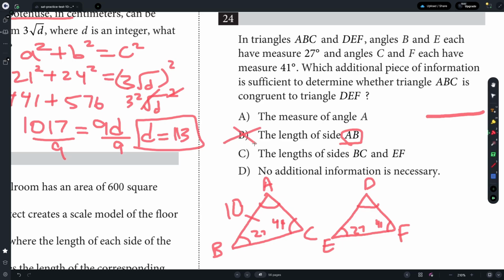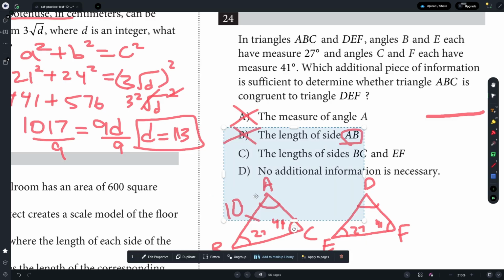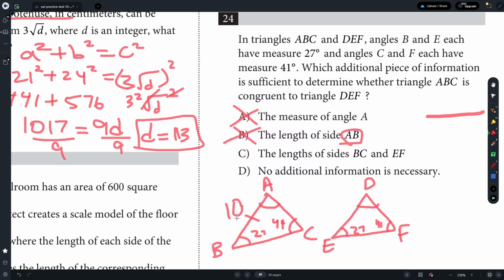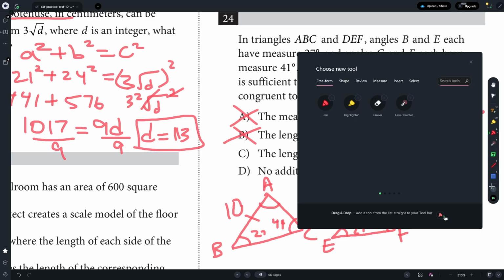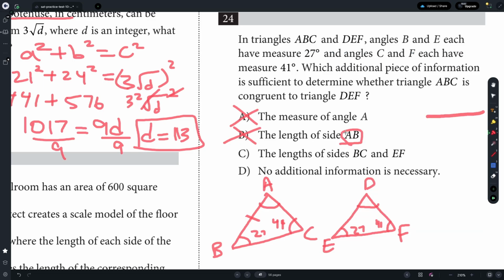So that is incorrect. Let's go over D first. D, no additional information is necessary. That is incorrect, because having two angles that are congruent does not prove that they are congruent. It only proves that they are similar, so this is incorrect.